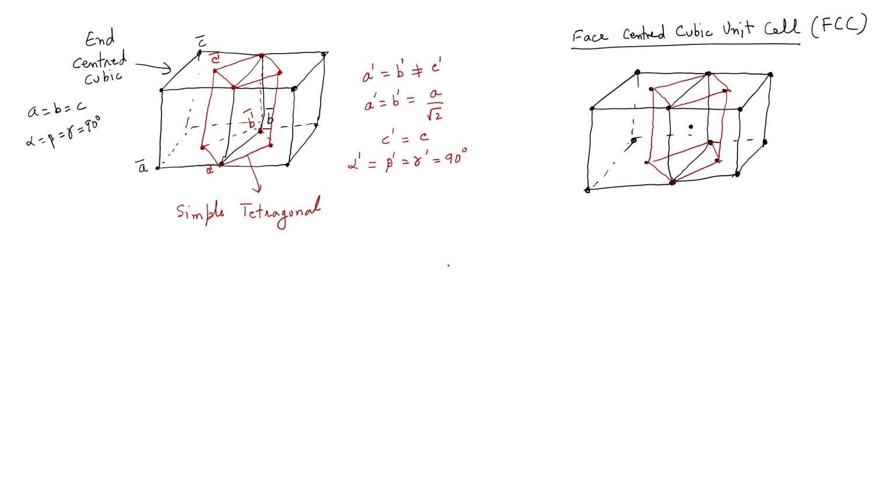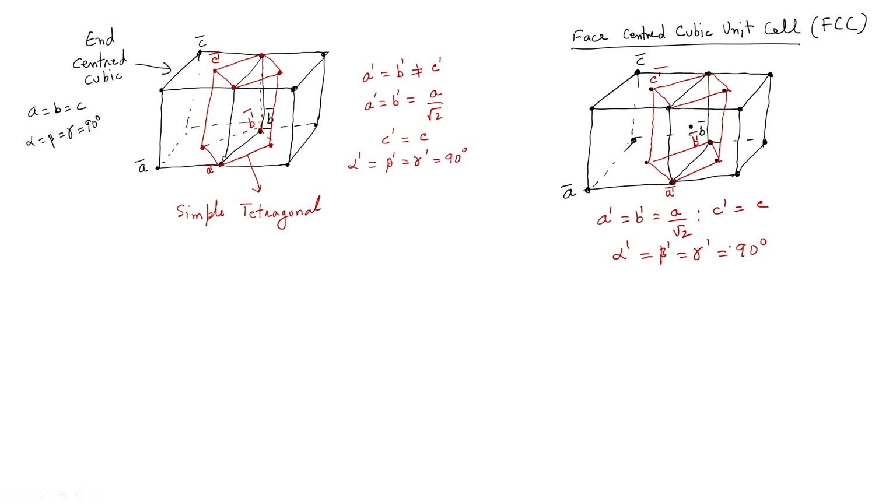So, now first, this is A, this is B, this is C. The new vectors for the unit cell become A prime, B prime and C prime. As before, I will have A prime equals B prime equals A upon root 2 and C prime equals C, and I will have alpha prime equals beta prime equals gamma prime equals 90 degrees.